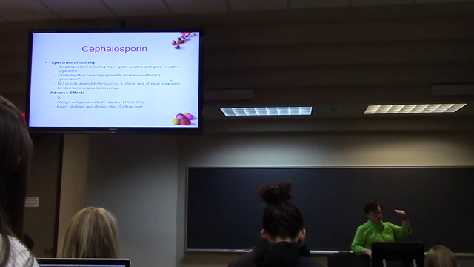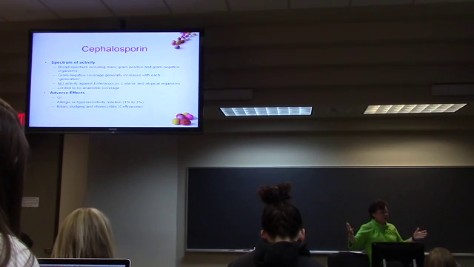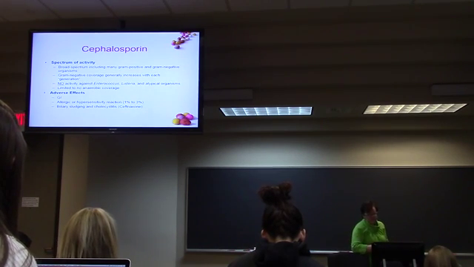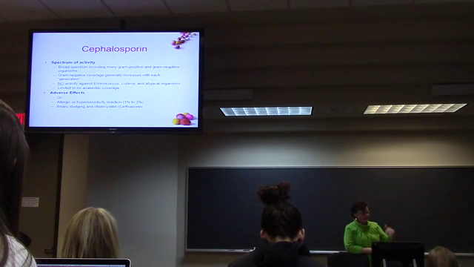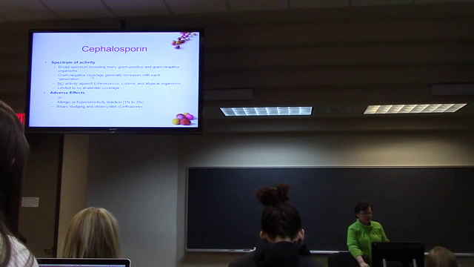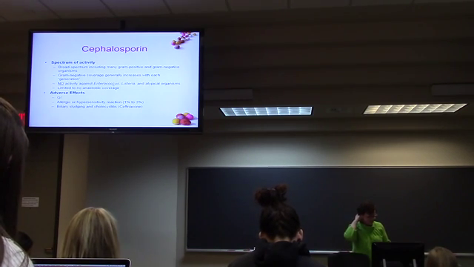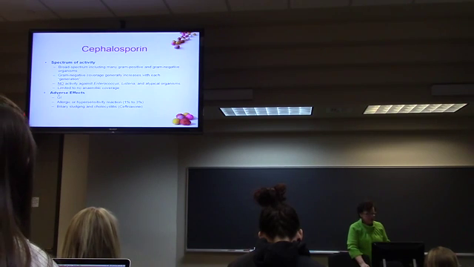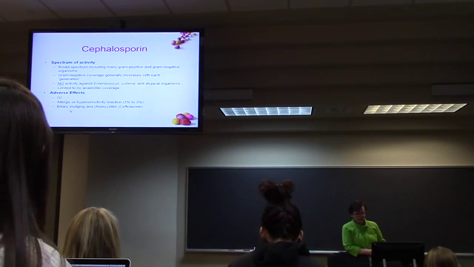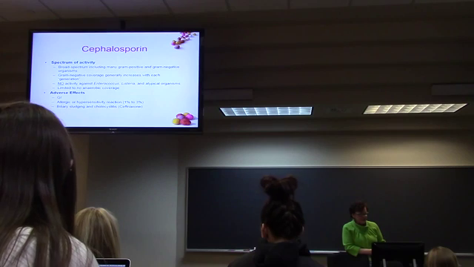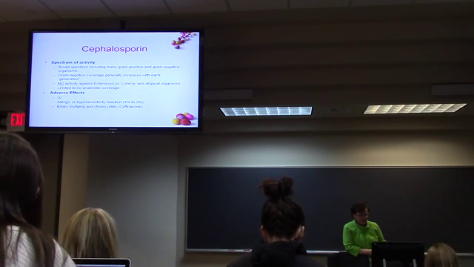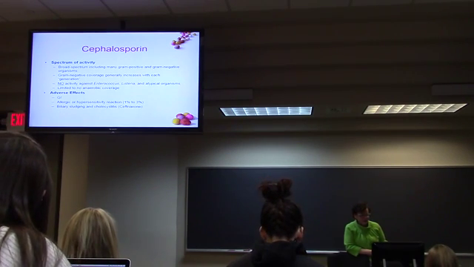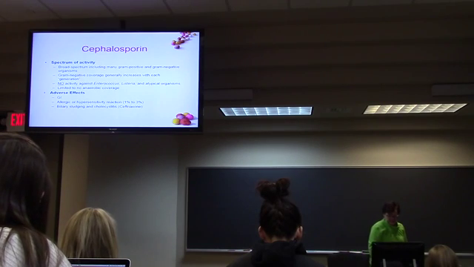The gram negatives usually increase as you get higher in the generations, and your gram positive usually decreases. They don't have any anaerobic coverage, and they don't cover Enterococcus or Listeria or any of the atypicals. They're usually pretty well tolerated. Both of these are. GI is to some extent the most common, and then hypersensitivity reactions.